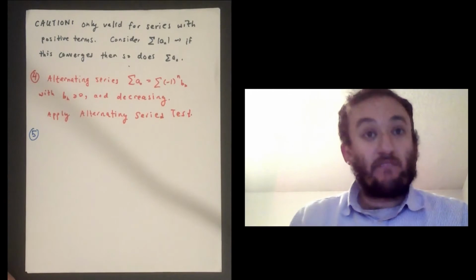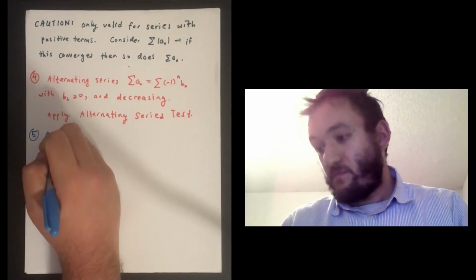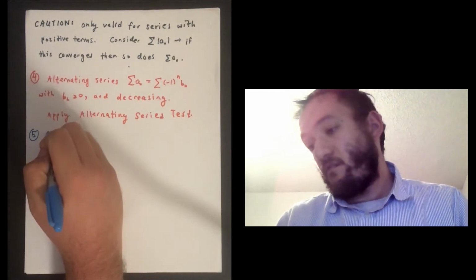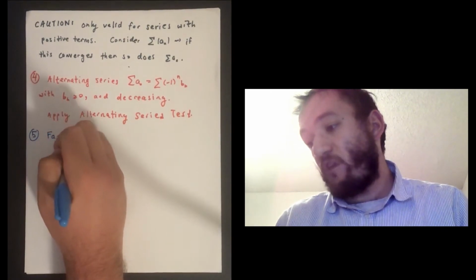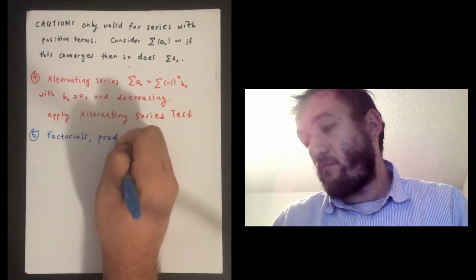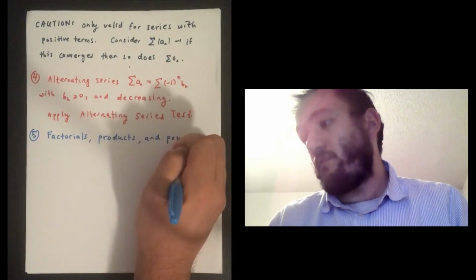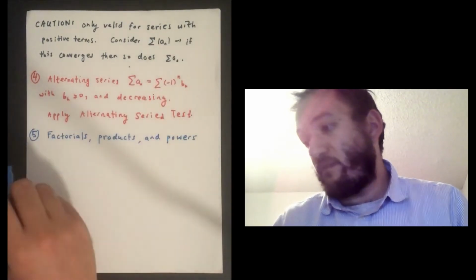Next up, we can take advantage of the other tests we learned. So in particular, if you see factorials, products, or powers, that's a good indication that you should try the ratio test.